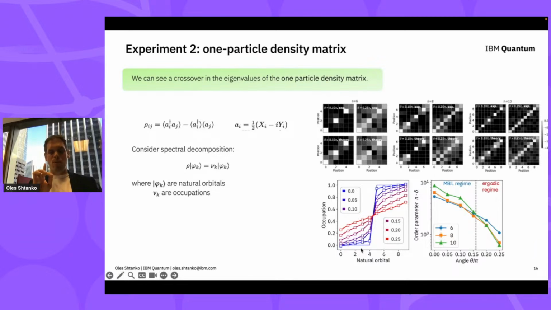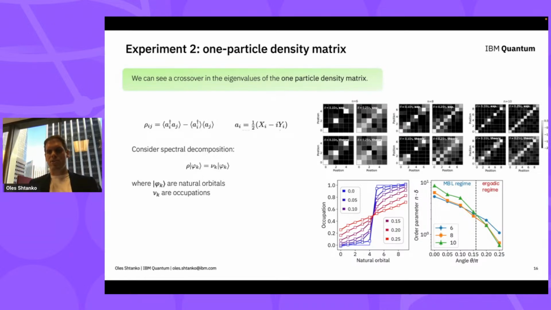And why are we interested in this plot? Interestingly, if you plot the derivative of this curve at this point, taken as a discrete derivative, and look at its slope, you will see that the slope has a crossing very similar to level statistics or entanglement entropy.